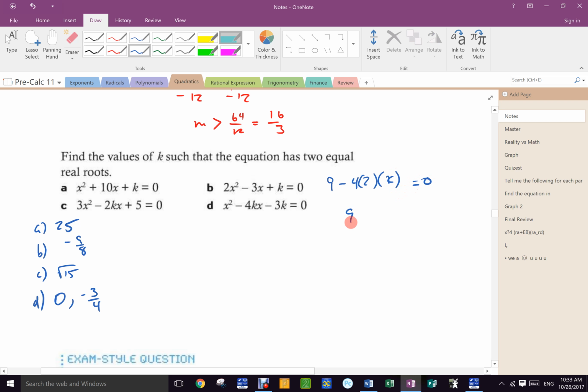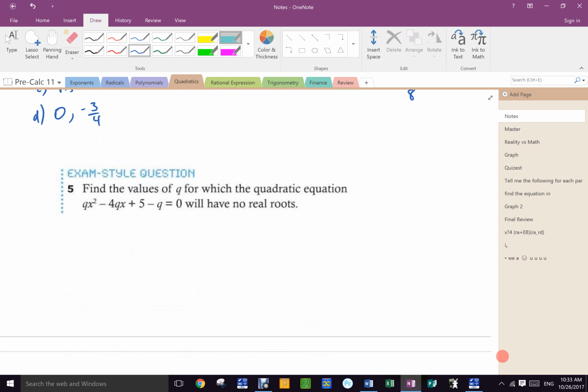Negative 8k equals negative 9. Yeah, it's positive. And then k equals negative 9 over negative 8, which is positive 9/8. Thank you, Antonio. And then this one, I can't even read my own writing here. It appears to be 0 and 1.